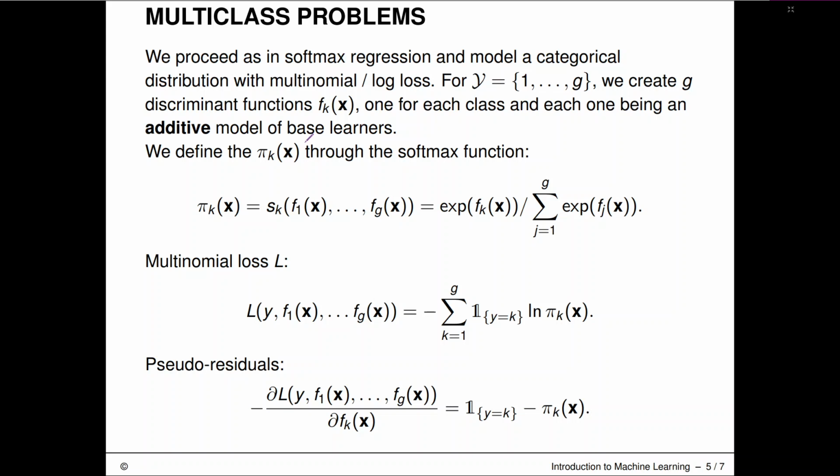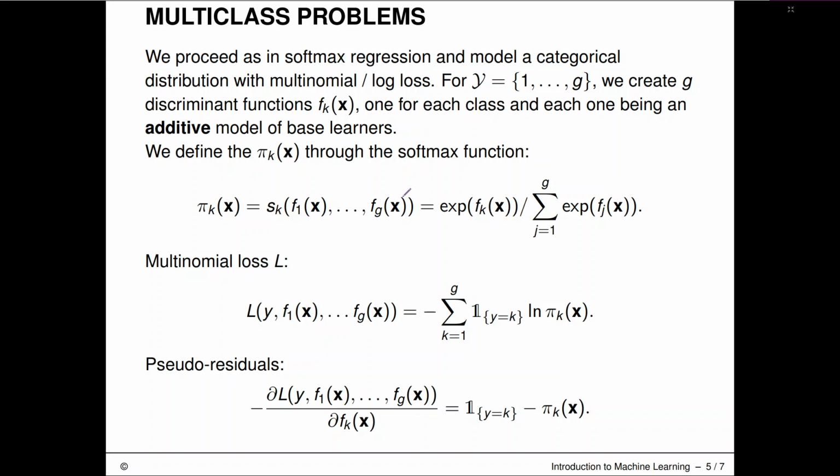We've discussed that before, that this is a reasonable approach and that this is used quite often in multi-class classification, and boosting is no exception here. So we now fit for each class f1 to fg one discriminant function, so one boosted ensemble.